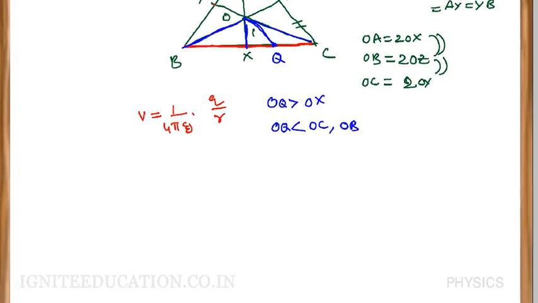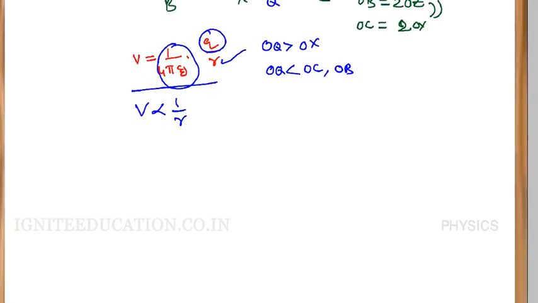Then in the potential equation, 1 by 4 pi epsilon naught is a constant and Q is also constant because only one charge is given. So the varying thing is the distance from the charge. V is proportional to 1 by R, in the sense that when R is maximum, V is minimum. When R is minimum, V is maximum.